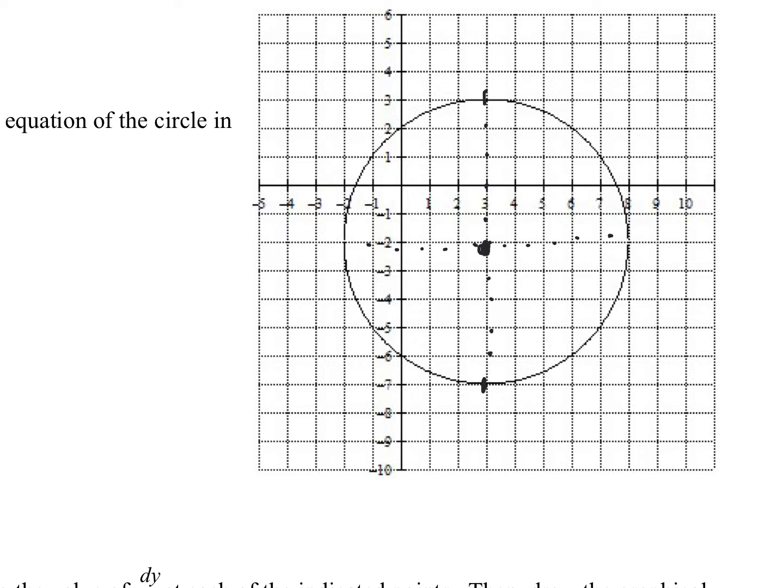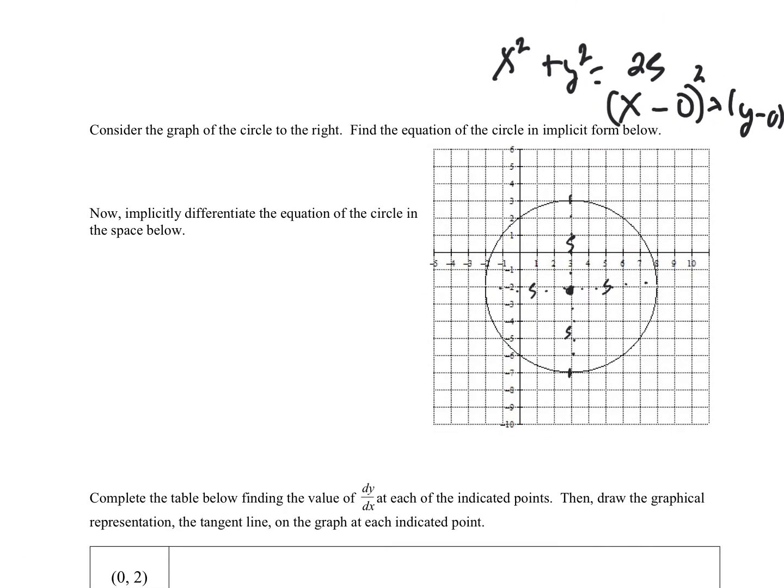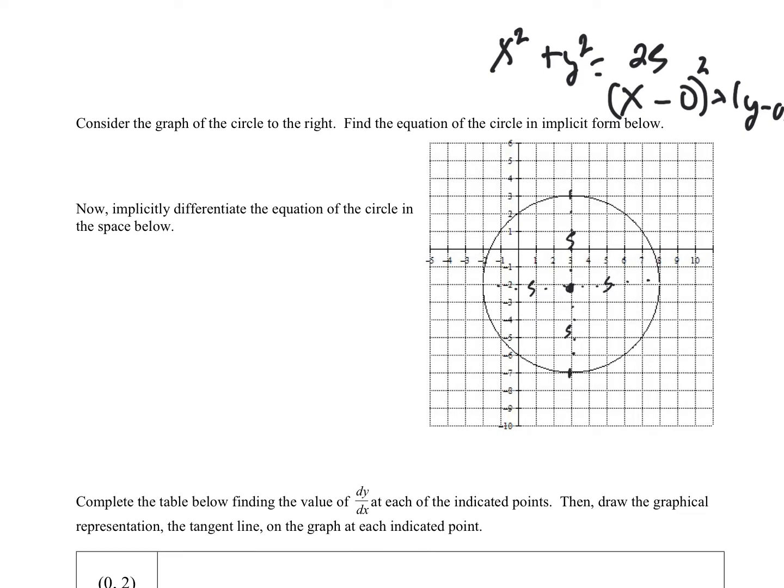This would be the center. And the radius looks like it's 5 all the way. All right, so we found the equation of that circle. That would be considered as x. I went to the right 5. That's minus 5 squared.